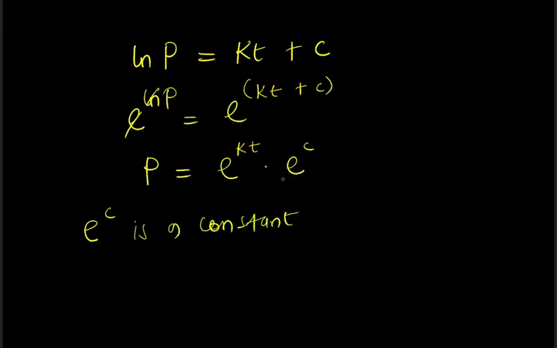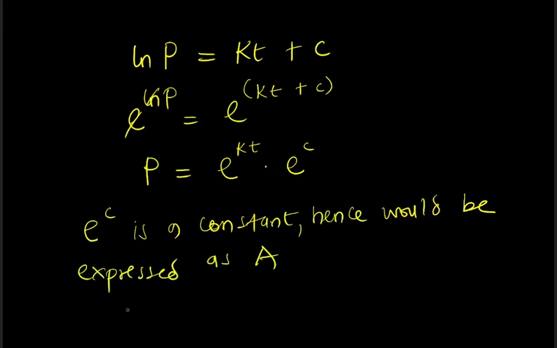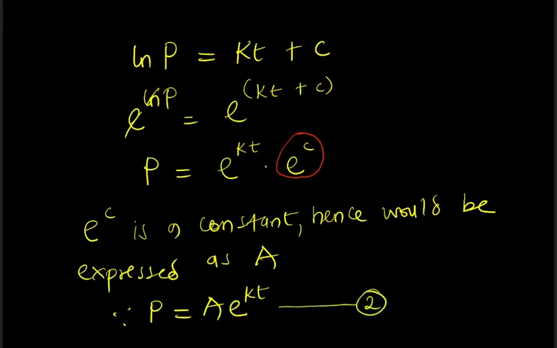So since e raised to the power of c is a constant, it will be expressed as A. Therefore, in place of e raised to the power of c, we denote that with A. That gives us P equals A e raised to the power of kt. We can call this our equation 2.